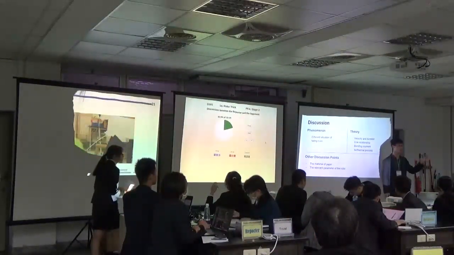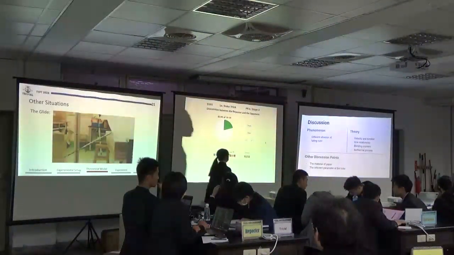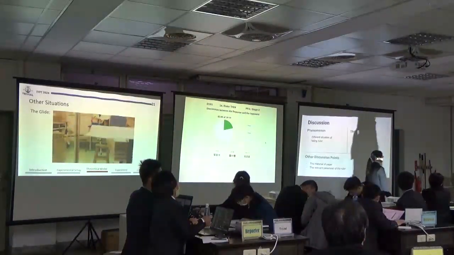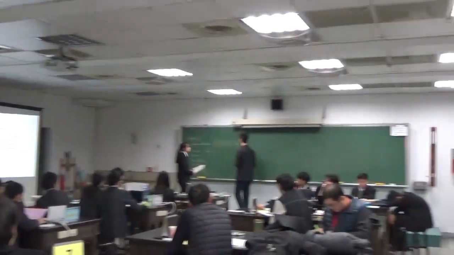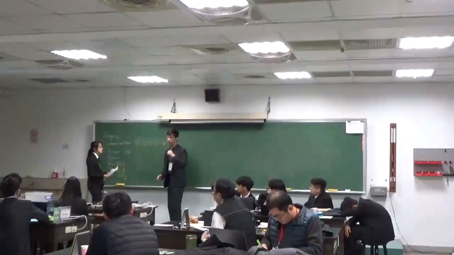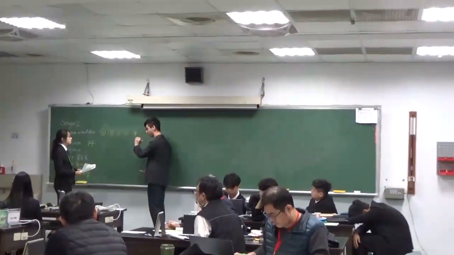Can I use the blackboard? So, in my opinion, I think this boundary condition is actually formed by the relationship of the friction between the paper and the ruler.